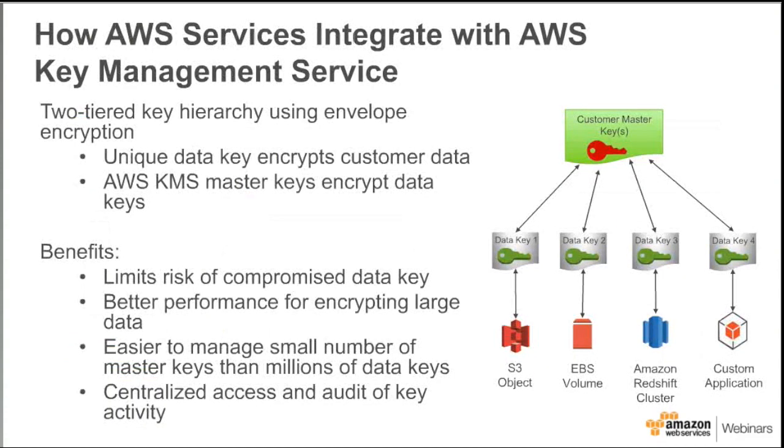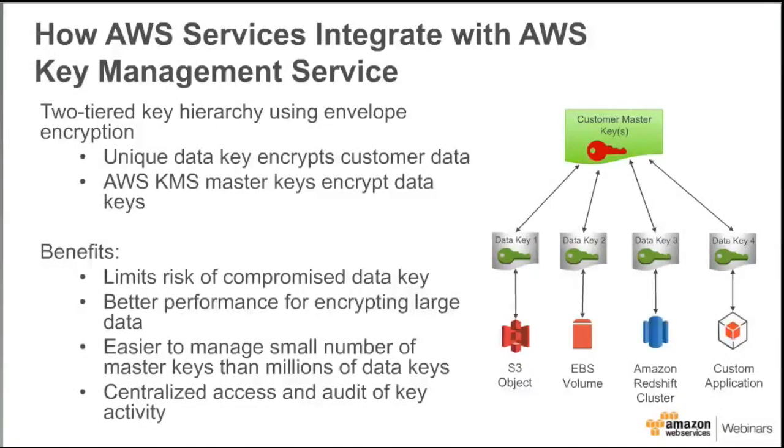So how are keys used by other AWS services? We use a two-tiered hierarchy called envelope encryption. So if you remember the first slide, my encryption primer, you've got a key that's used to encrypt the individual resource. And in this case, we'll call that a data key. That key is unique for every resource.